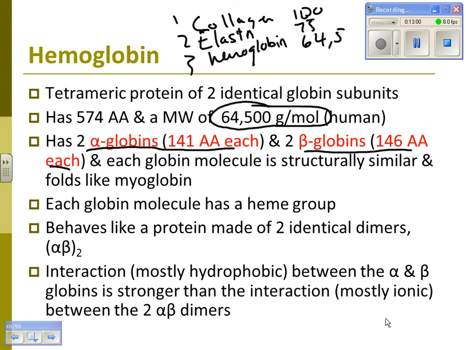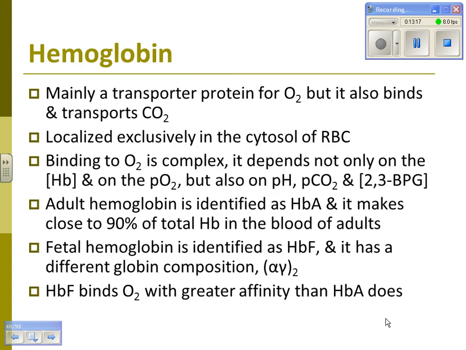Back to hemoglobin, it has 4 heme groups, so 4 iron. This will be a common abbreviation, or just HB, for hemoglobin. So we've already said it's a transporter, it's red blood cells only, it's complex, it's dependent on many things.